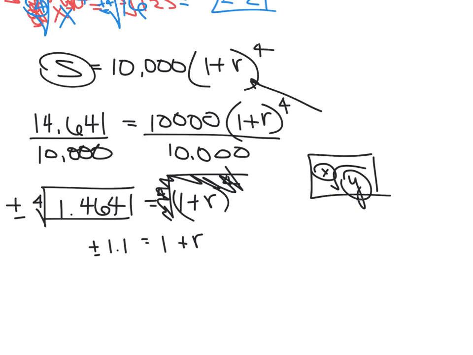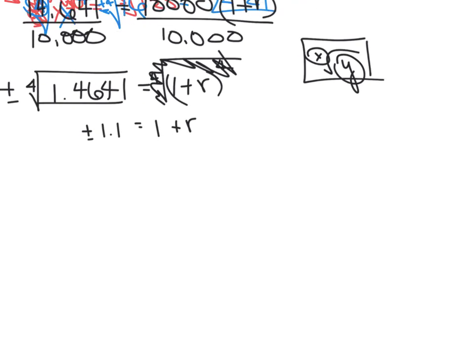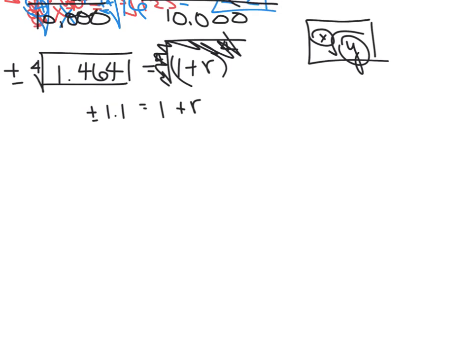Okay, so we have the 1.1 equals 1 plus R. Let's keep going here because we're trying to solve for R, and we find that 1.1 equals 1 plus R, or negative 1.1 equals 1 plus R. So if it's 1.1, we get 0.1 equals R, and over here we get negative 2.1 equals R.